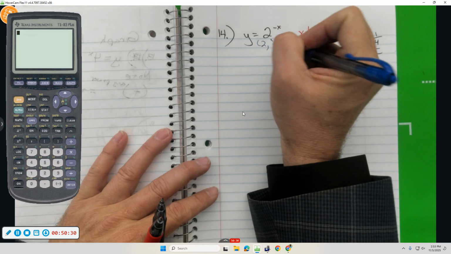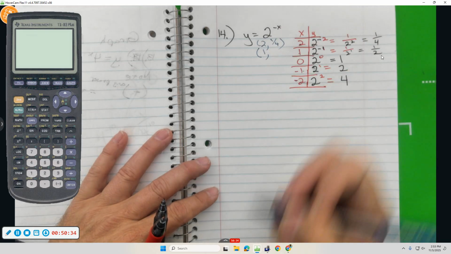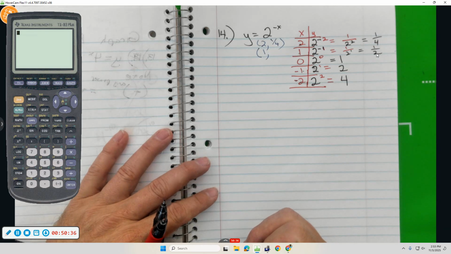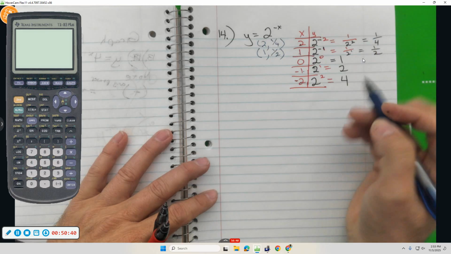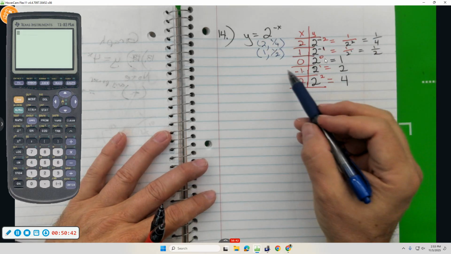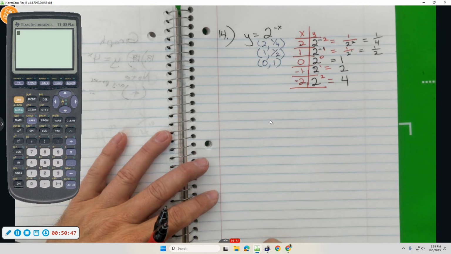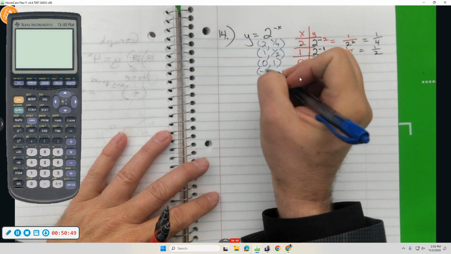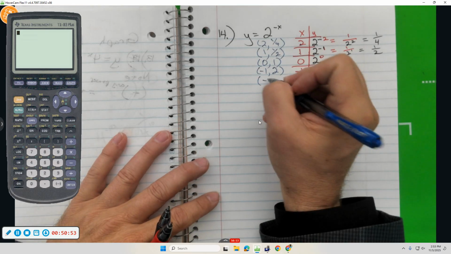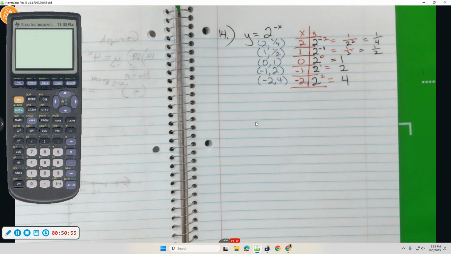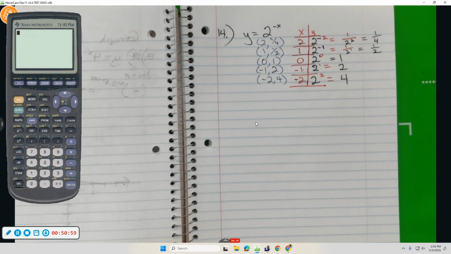Do y'all see the ordered pairs that we generated? 1, 1/2. And the next ordered pair we generated is 0, 1. It's just easier looking at them like this than with all this stuff in between there, okay?